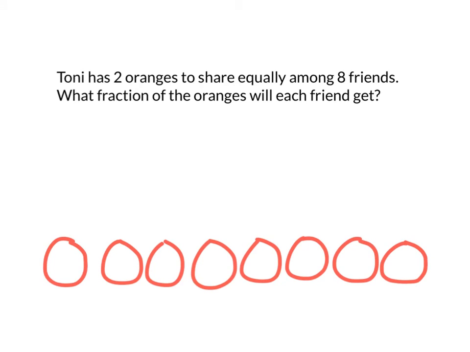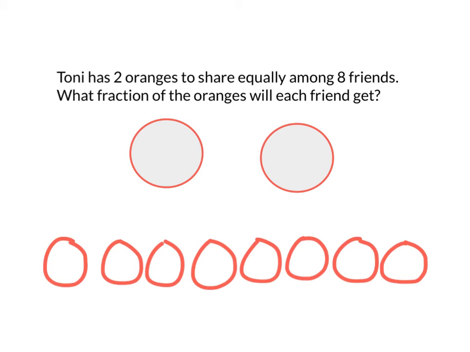And then I'm also going to draw 2 oranges. There's 1 orange, and then I'm going to duplicate it. All right, there's my second orange. I only have 2 oranges, but I have 8 people. What can I do?